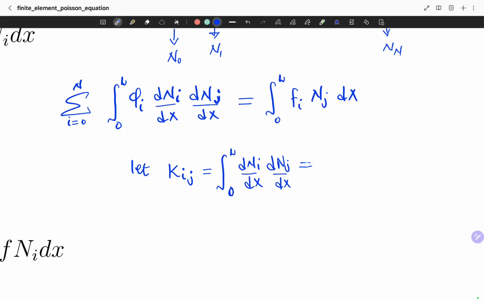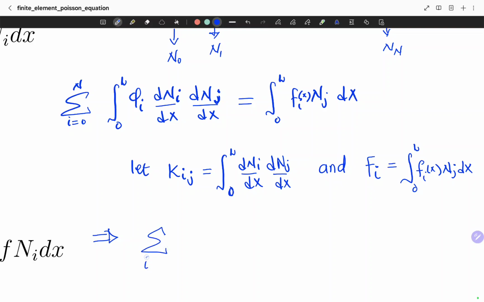And Fi is integral 0 to L of f of x, so fi of x Nj dx, and this yields something like this: sum over I equals 0 to n of Kij psi I equals Fi.